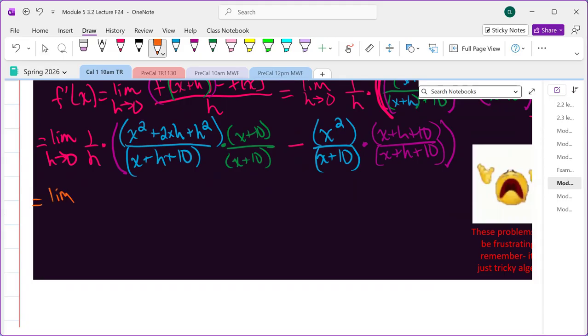Still with the limit as h goes to 0 of 1 over h times, I hate my life. All right, so we're going to run the x through all of these terms. So x cubed plus 2x squared h plus xh squared. Then we're going to run the 10 through all of those.